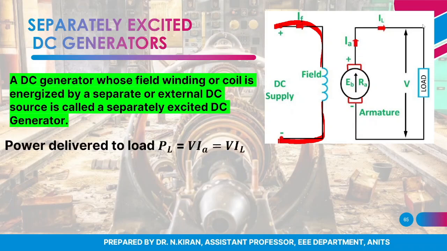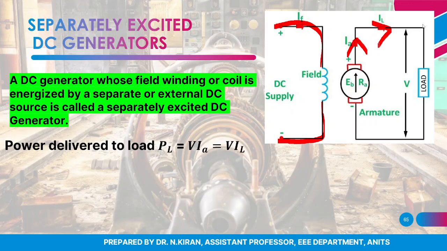The power delivered to the load in this case can be given by V into IA or V into IL, where IA is armature current. You can see from the circuit diagram, this is my armature current IA, this is my load current IL. Both are same, isn't it? IA is equal to IL.